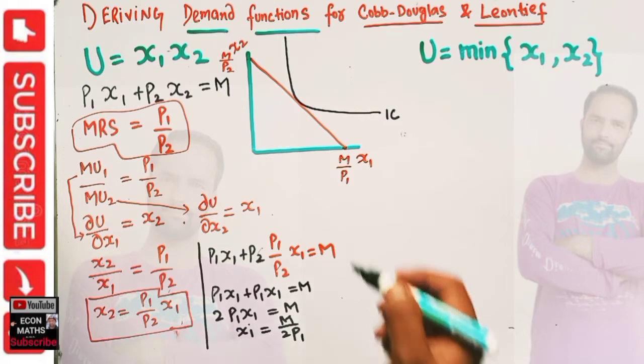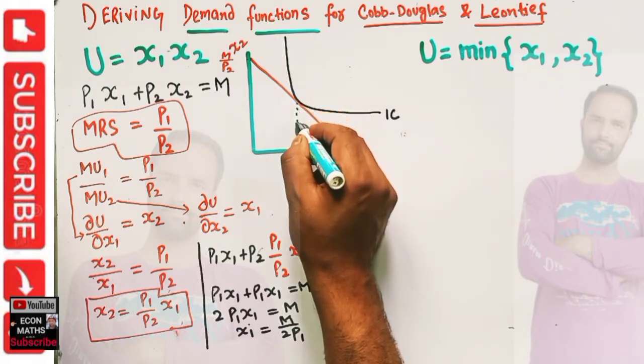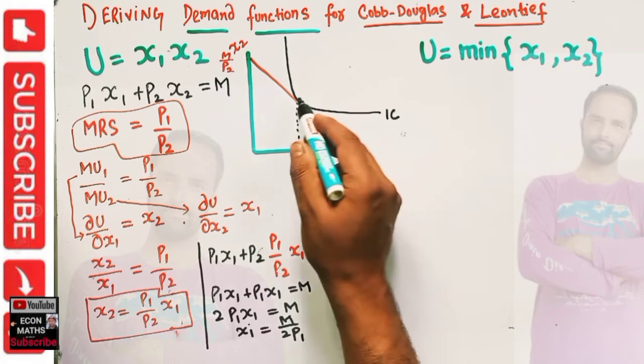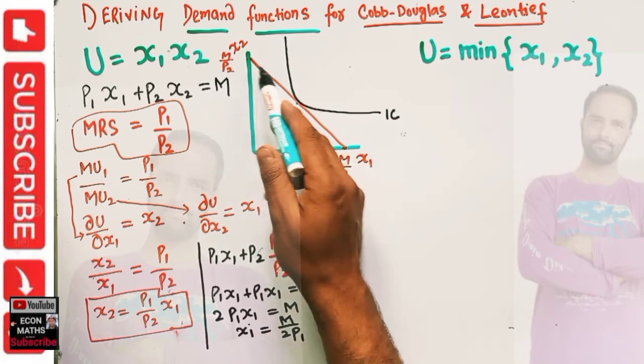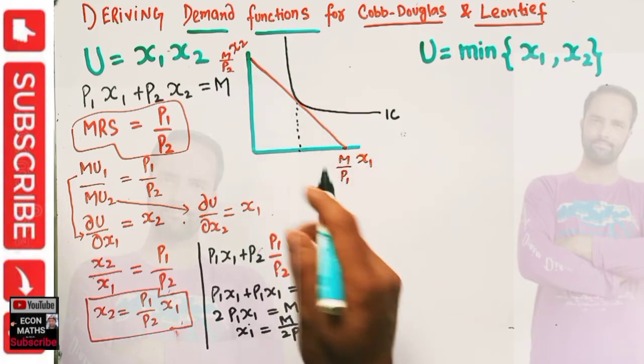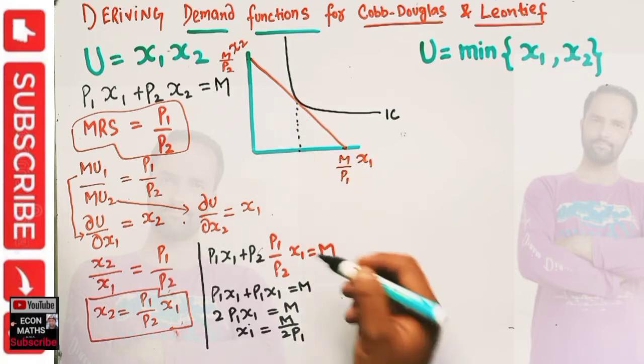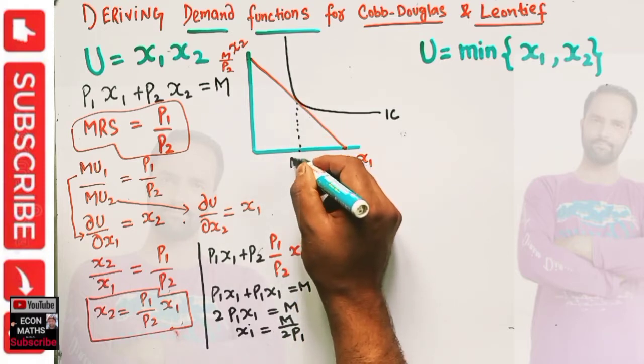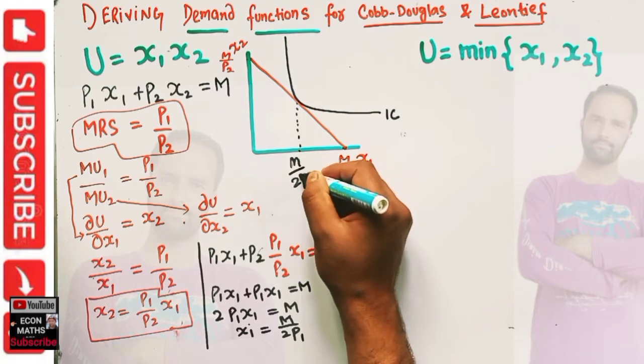Demand for good x1: at the point where the indifference curve and budget line meet, the optimal demand is m upon 2p1.